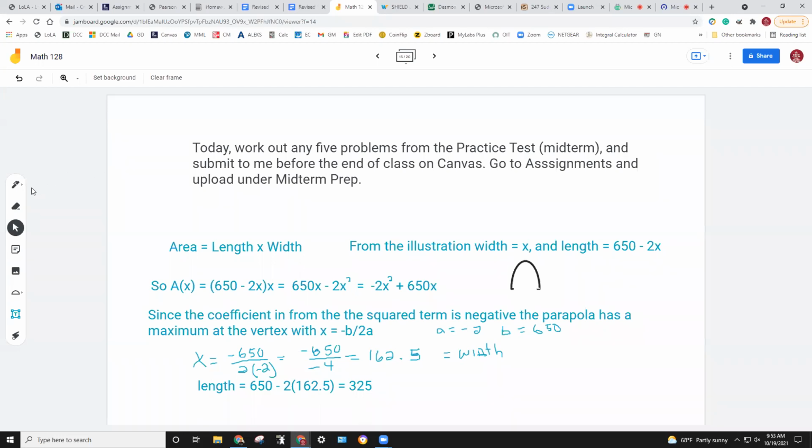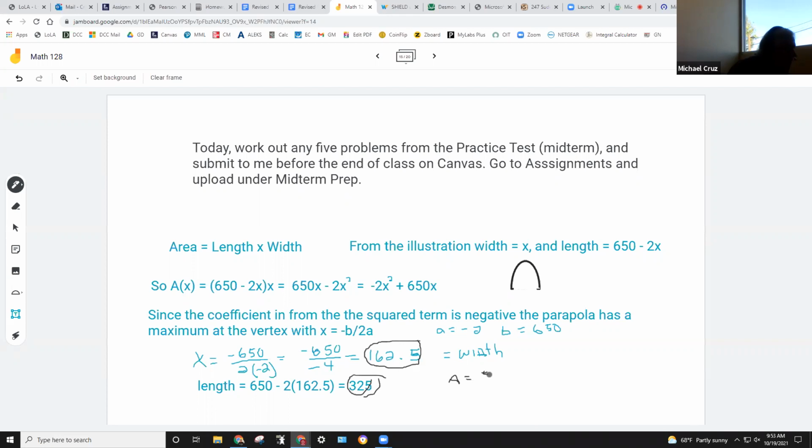All right, so basically, I'll just do this real quick here. So that's your width, and then there's your length. And then the area is equal to 52,812.5.